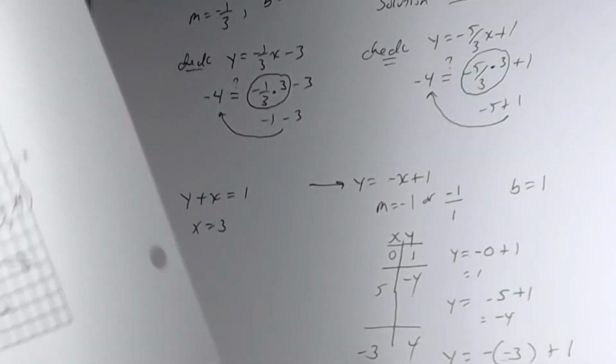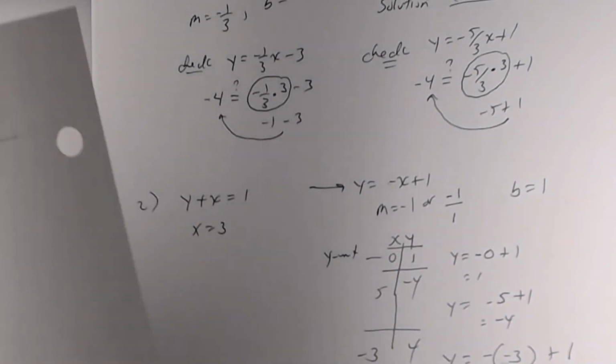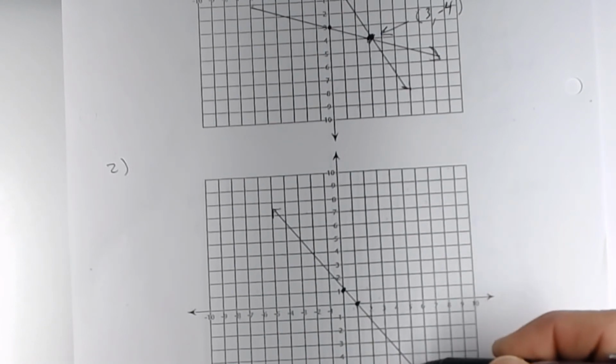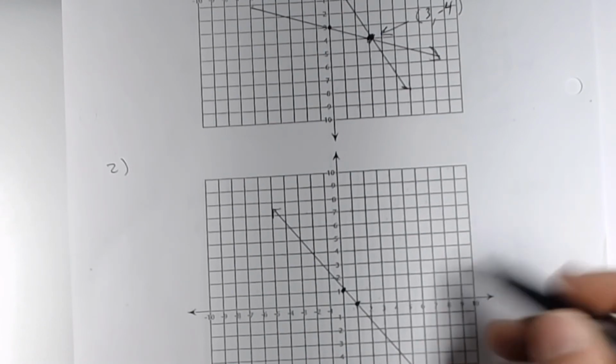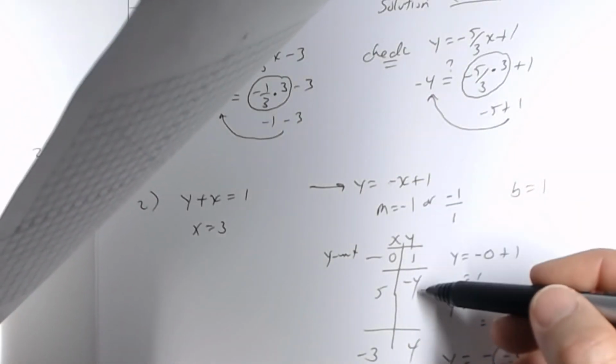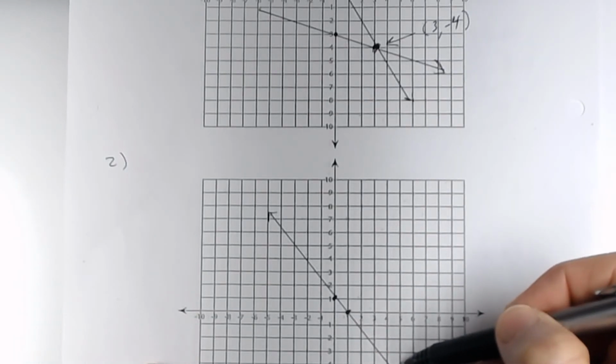That's this first point right here. Now let's do the other one, 5, negative 4. So 5, negative 4, look. Oops, wrong one. 5, negative 4, right? So 5, negative 4. So what happened here?